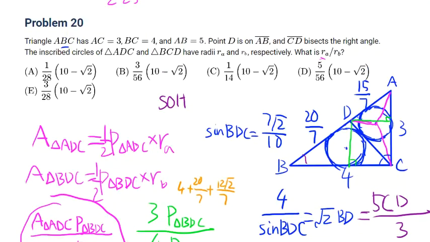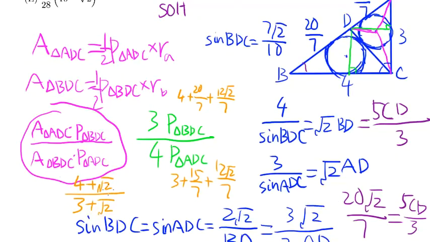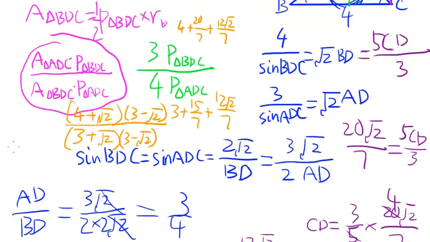Of course, now, the problem wants us to write the answer with no square roots in the denominator. So, of course, we multiply both by root 3 minus root 2, that is. 3 minus root 2. The denominator becomes, well, 3 squared minus 2, 7.